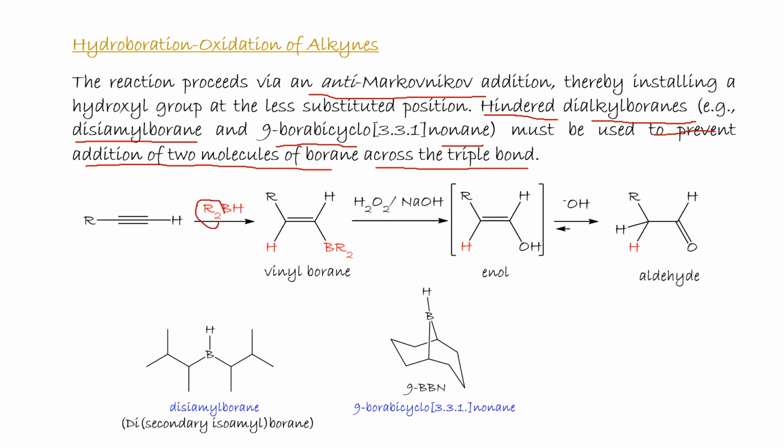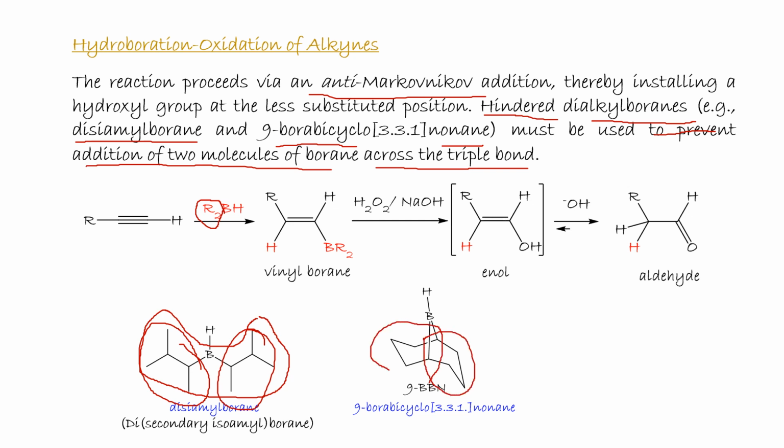So R is a bulky group. This R could be these secondary isoamyl groups, or the bicyclo system 9-borabicyclo[3.3.1]nonane.